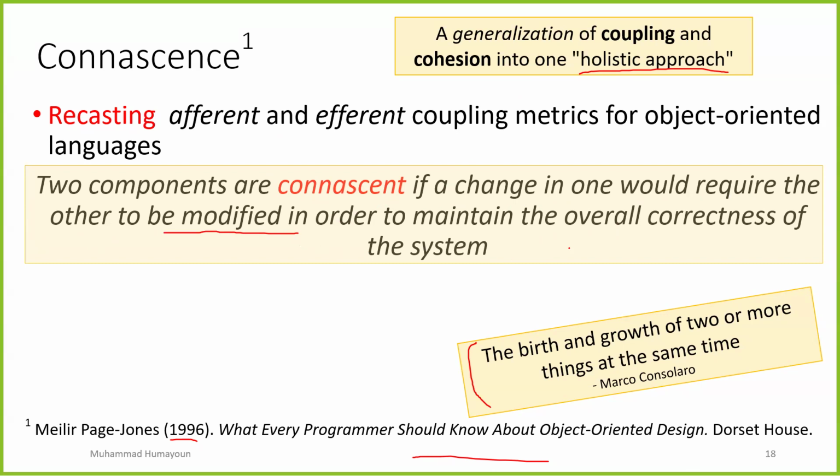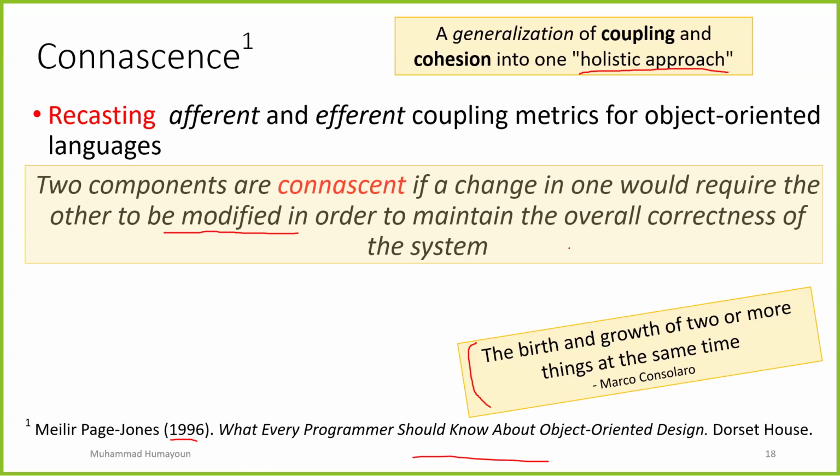So you have two components, and they depend on each other. We say two components are connascent if you make a change in one, then in order for your code to work, you have to reflect those changes in the second component also.